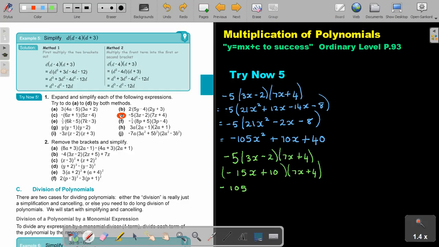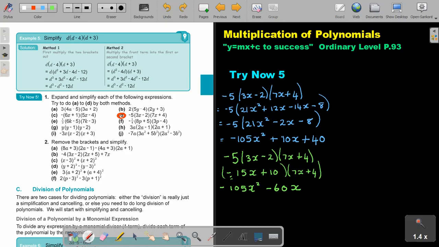That's -105x squared, because it's this one times this one. Then I multiply this one with this one, so I get -60x.